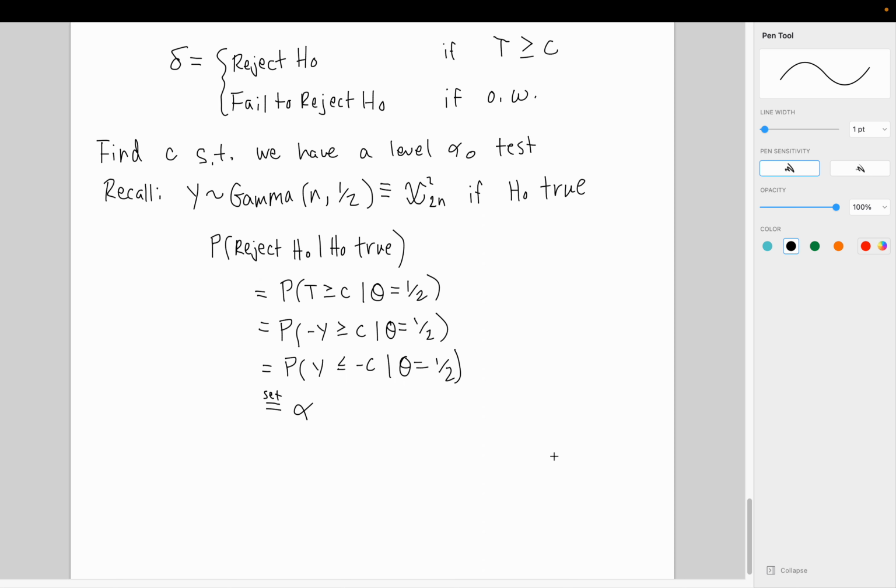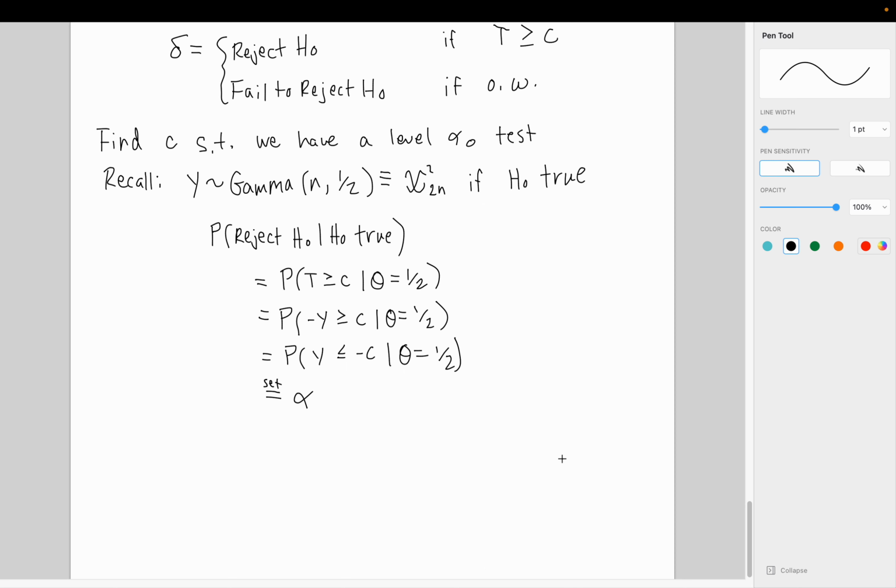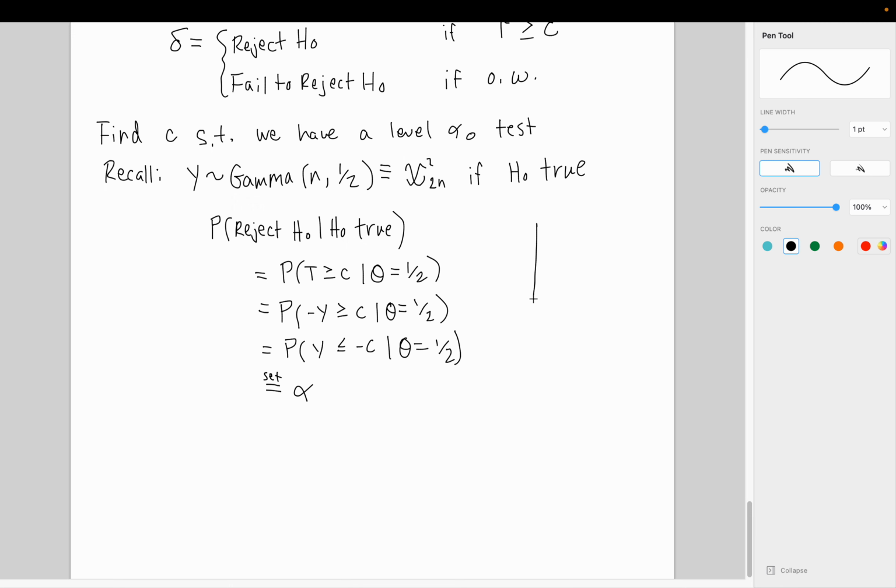Now, we can do this through integration. With integration, we have this chi-square distribution for y. We are trying to find this value c, or sorry, negative c, such that we have 1 minus alpha over here and alpha over here. So alpha percent of the data over here.